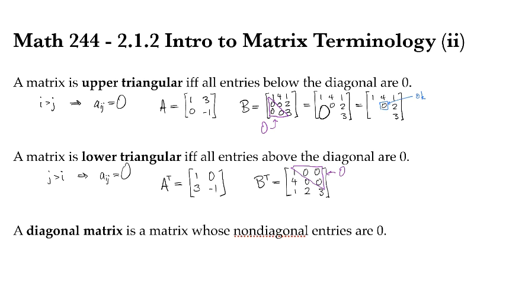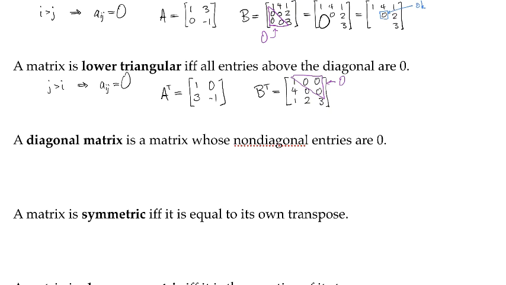And then it's possible for a matrix to be both upper and lower triangular, and then it's called diagonal.